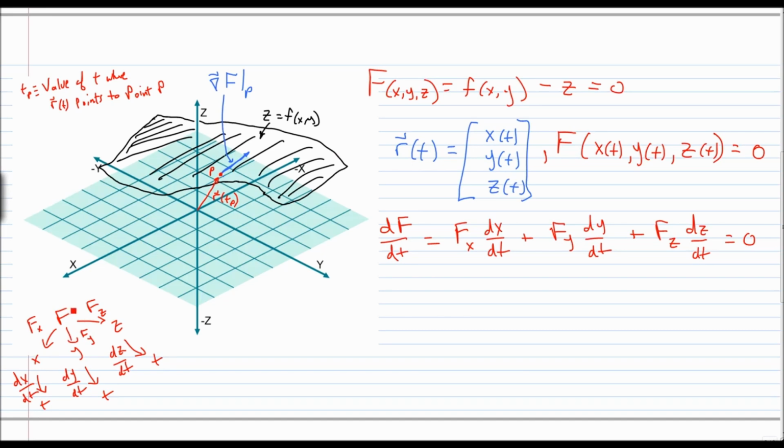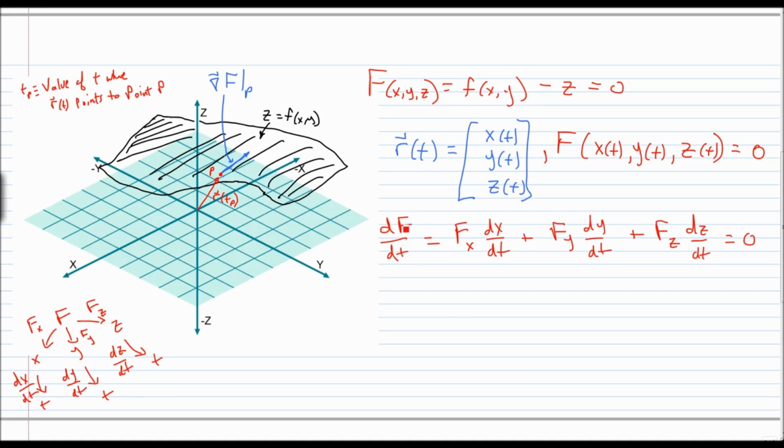Whenever you want to take the derivative of a function with respect to another variable that's sort of indirect like this, you have to take the partial derivatives of your function with respect to all of the variables that are functions of the other variable, and then you multiply it by the derivative of each of these variables with respect to the final variable that you're trying to differentiate with respect to.